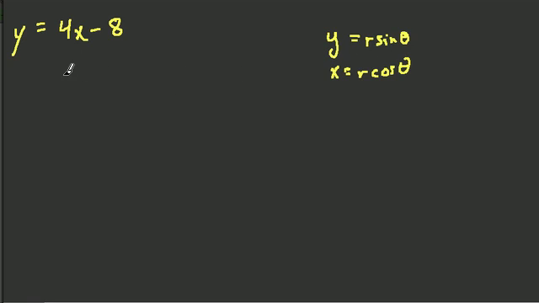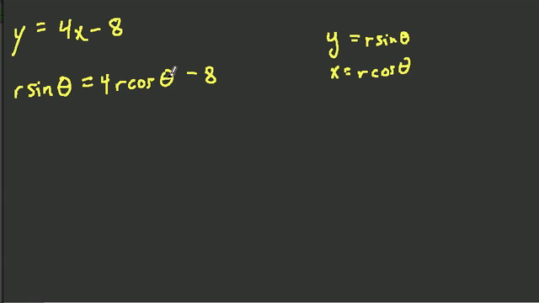So we plug those into our formula. Instead of y, we write r times the sine of theta equals 4 times r cosine of theta minus 8. Here we want to convert from Cartesian to polar, and we do that by substituting these values into the equation.